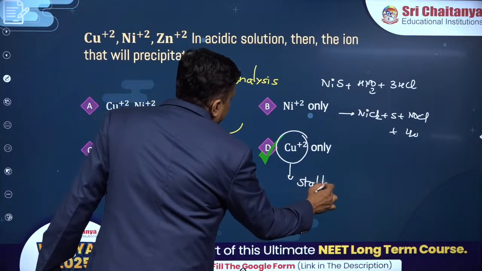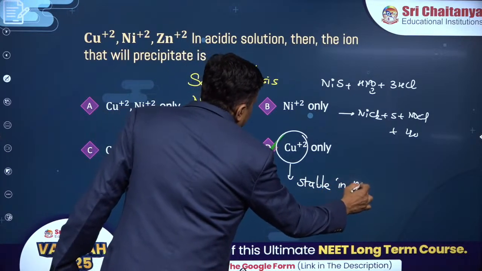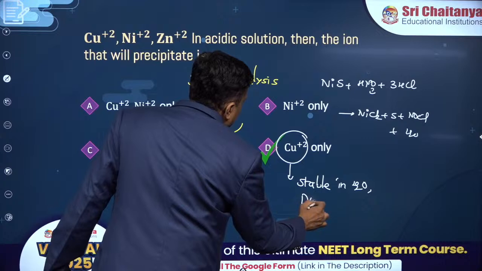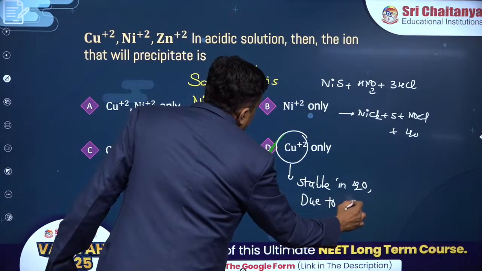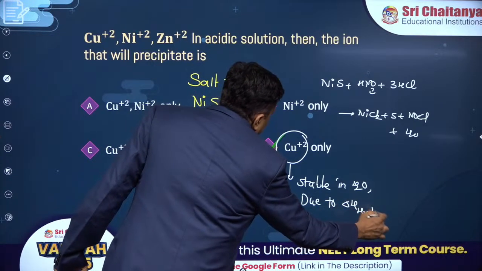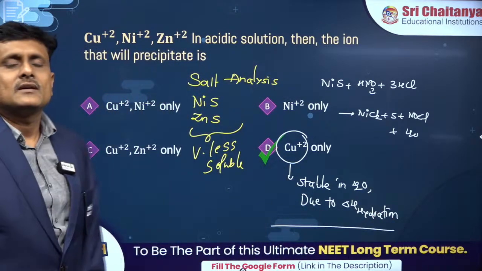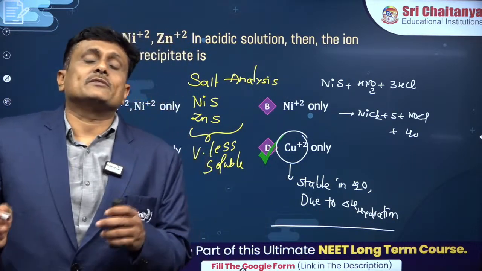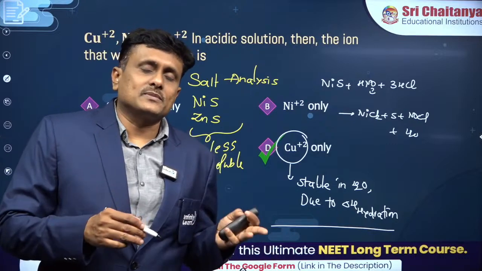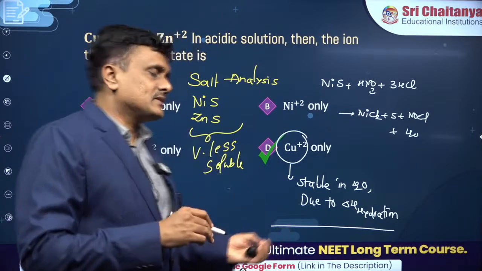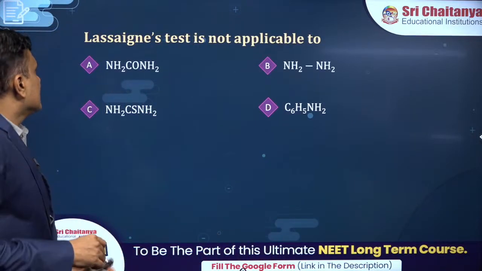Remember this. Why is it stable in water? Because it has an excess of heat of hydration. That's the reason why you would find most of the time the copper salts are soluble. So this is the trend with copper.